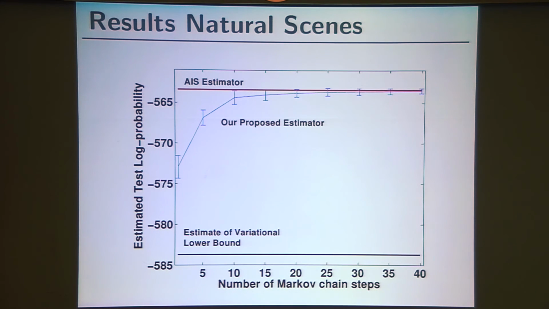Along the x-axis is how many sweeps of Gibbs sampling we had to do in order to estimate what's going on. So only 20 or 40 sweeps of Gibbs sampling are required in order to work out the probability of a test image and agree with the gold standard annealed importance sampling.